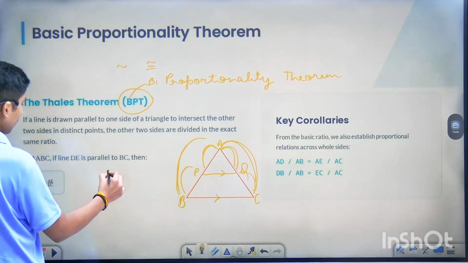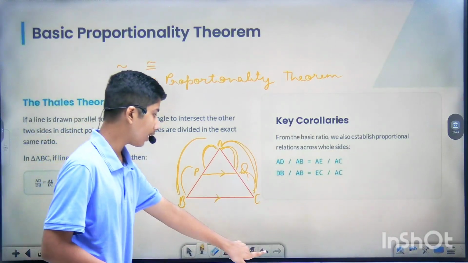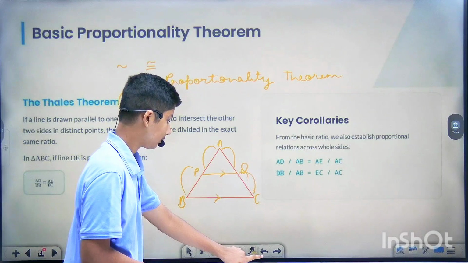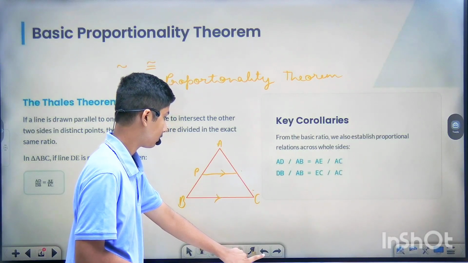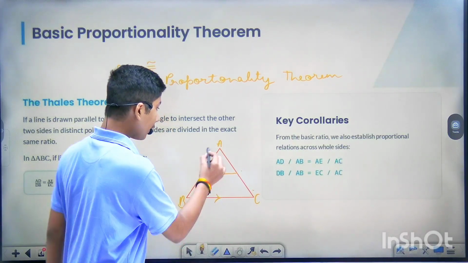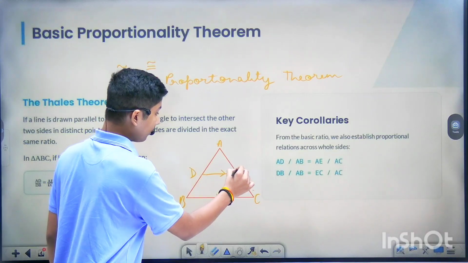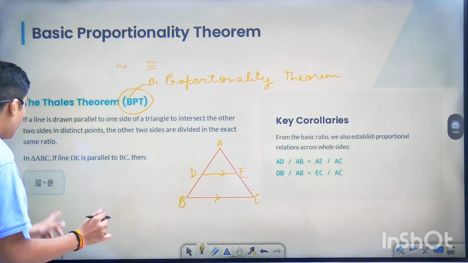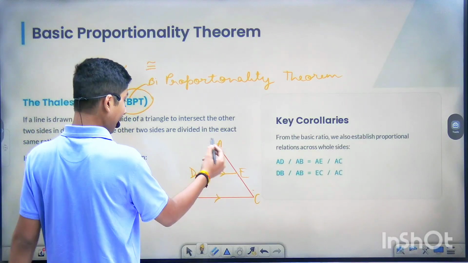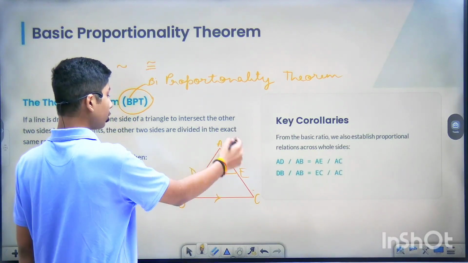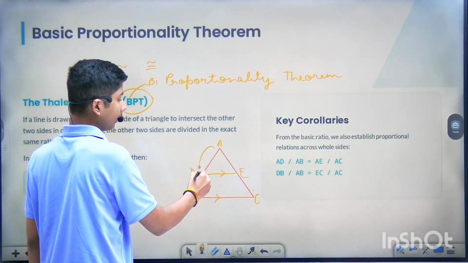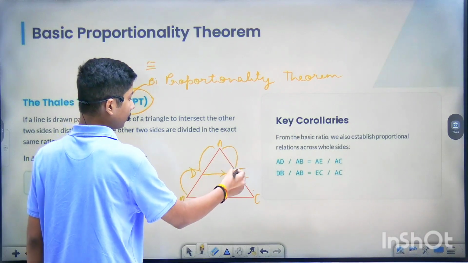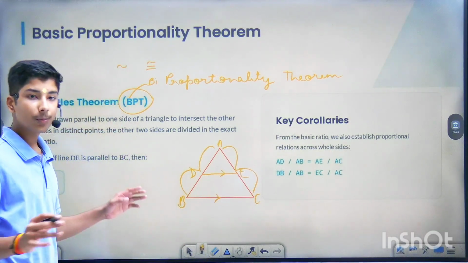If this was a triangle ABC and this was line DE, then it is shown that AD upon DB will be equal to AE upon EC, means this side upon this side equal to this side upon this side. I hope this is clear.